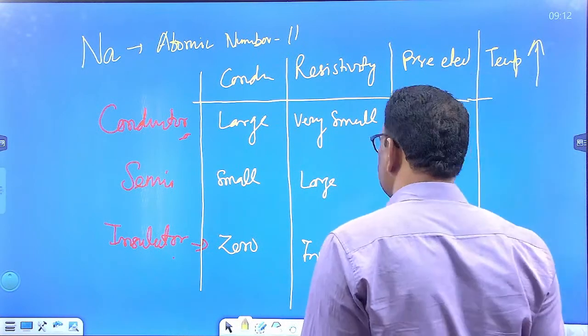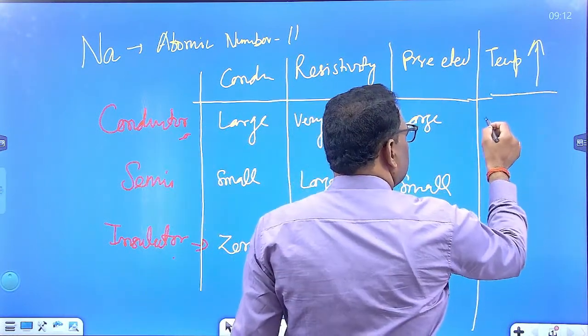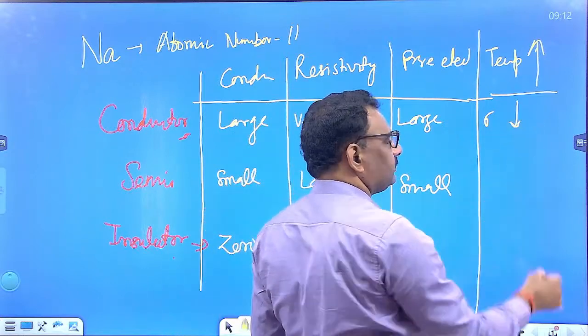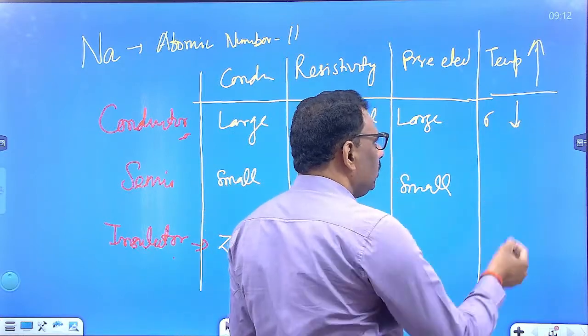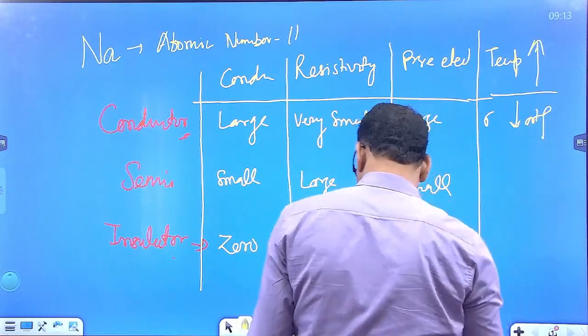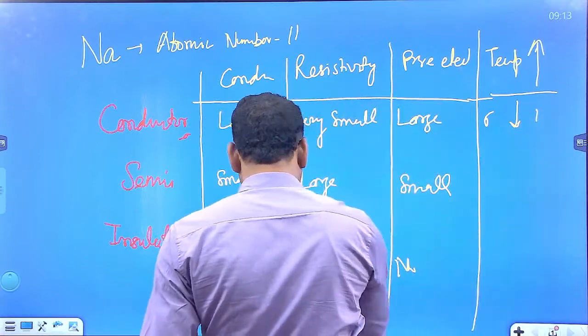If you increase the temperature, the conductivity sigma will decrease, or you can say the resistivity rho will increase.